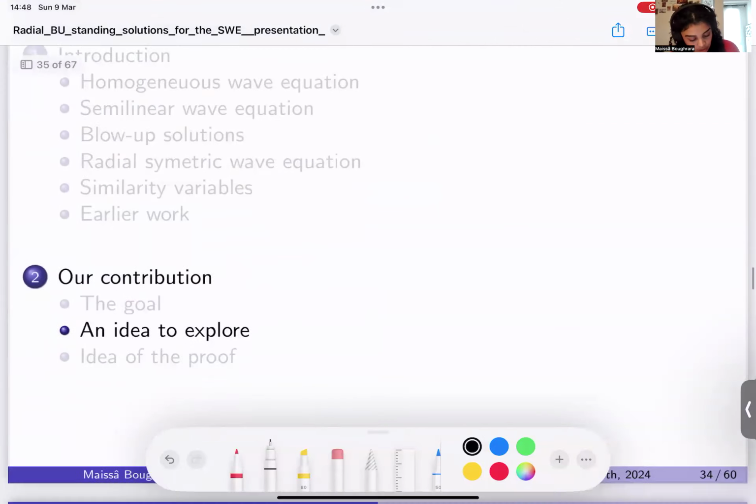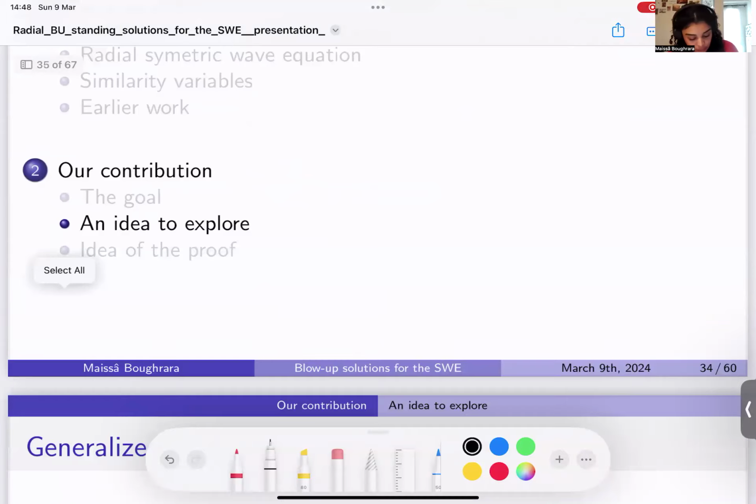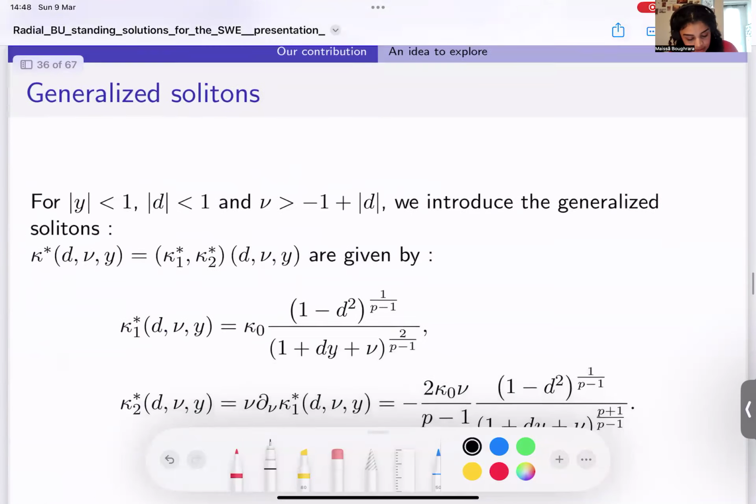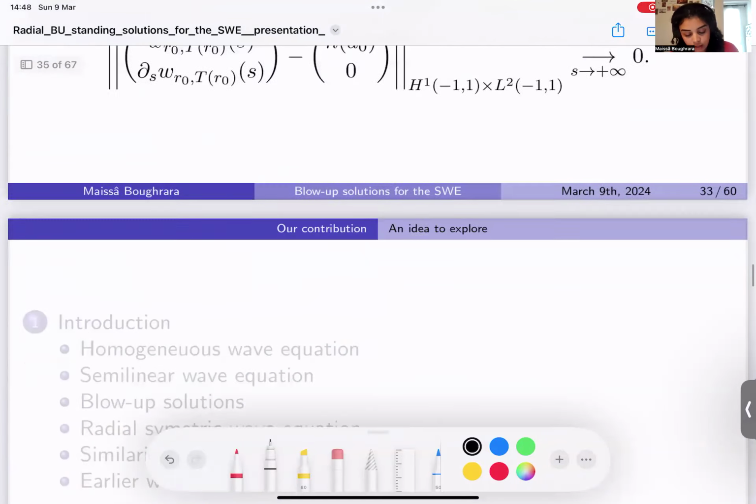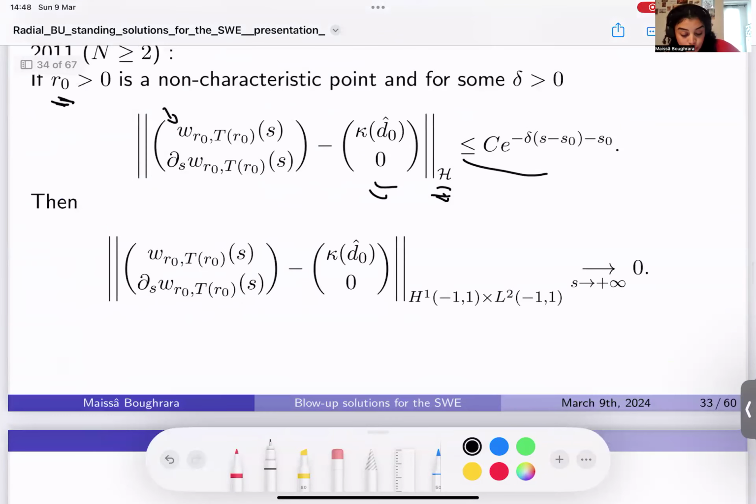There is an idea to explore: since we are trying to have the convergence to a soliton, maybe we should take an initial data that is very close to a soliton. So the idea is we take an initial data that is very close to a soliton, and when it evolves, it will still be near a soliton until the convergence.